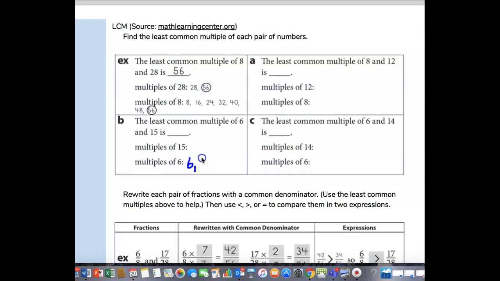Skip count, we get 12, 18. 18 plus 6 is 24. 24 plus 6 is 30. All right? Dot, dot, dot. So 15 plus 15 is 30.